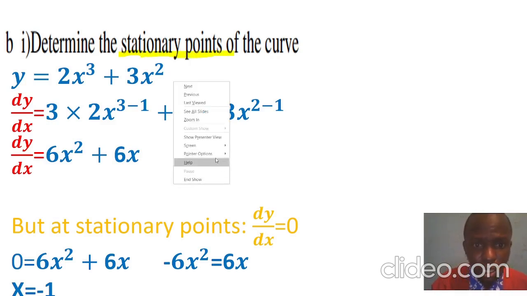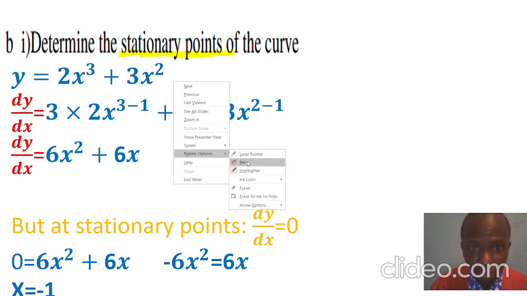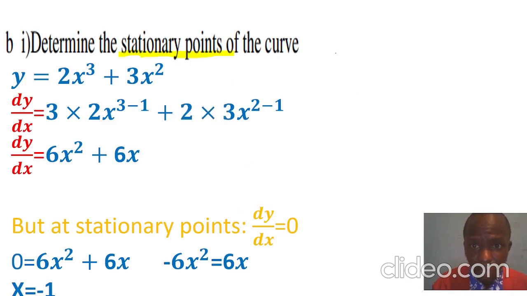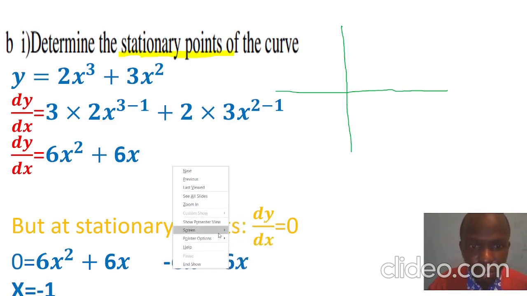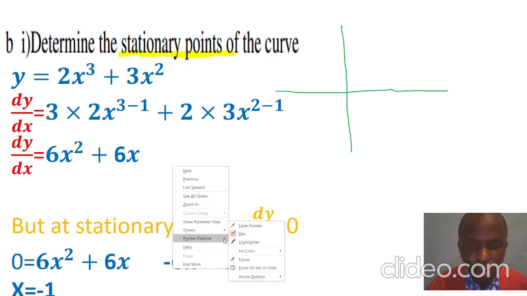So let me select my pen, and then I draw this. Let's say that is the Cartesian plane. Now, a stationary point, though I have not defined it here, but I can just say it. A stationary point is a point where a curve, or rather a graph, turns around.